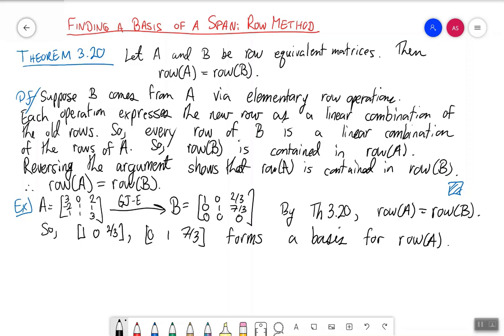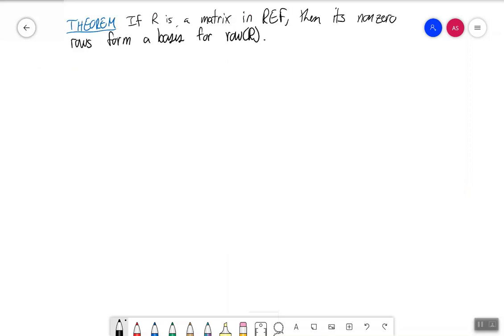The same argument that we used to determine that these two vectors form a basis for the row space of this row echelon form matrix B can be used to show the following theorem. If R is a matrix in row echelon form, then its non-zero rows form a basis for the row space of R. I'm not going to prove this, but I want you to try and do it.